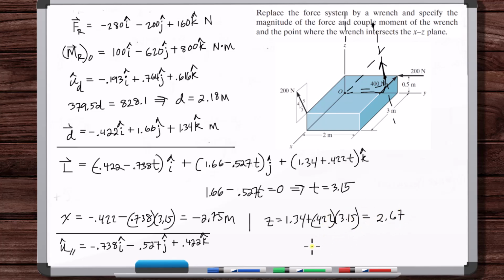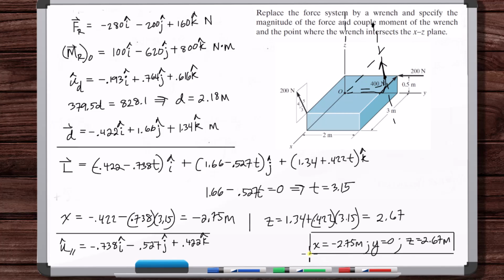All right, so it intersects the xz plane at x is equal to minus 2.75, y is equal to 0, and z is equal to 2.67. And there you go. Now we've answered the entire question.